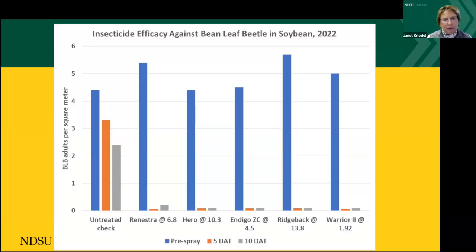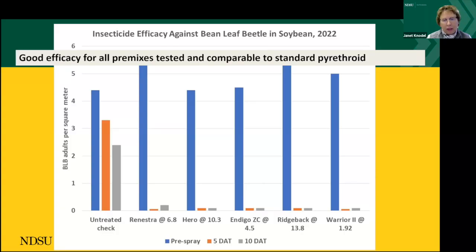You can see we had bean leaf beetles throughout the plots, and then all of the insecticides worked, and all of the premixes were comparable to our standard Pyrethroid Warrior 2. So I got excellent control with all of the insecticides.